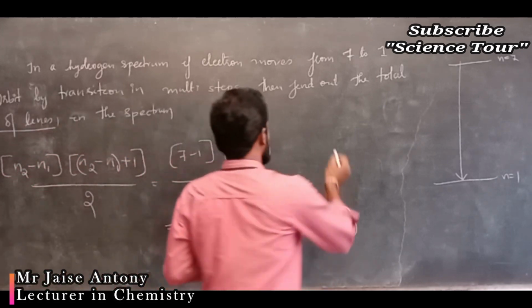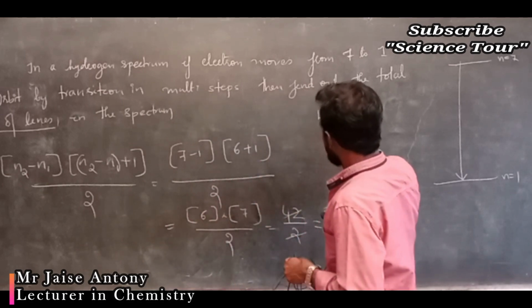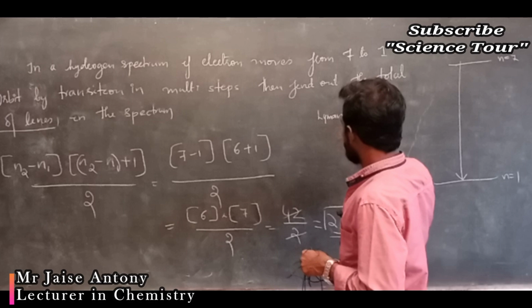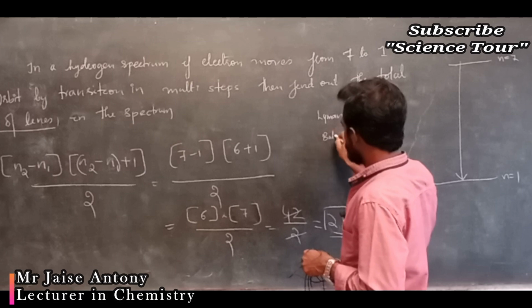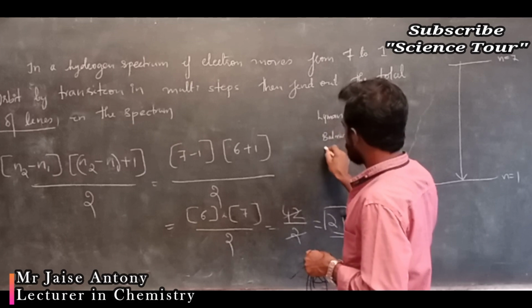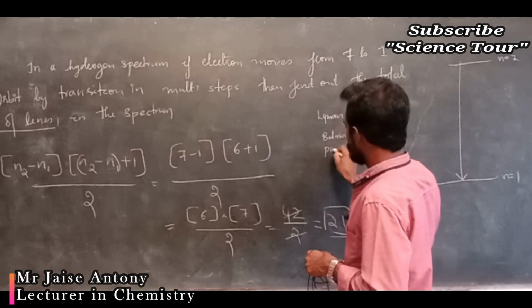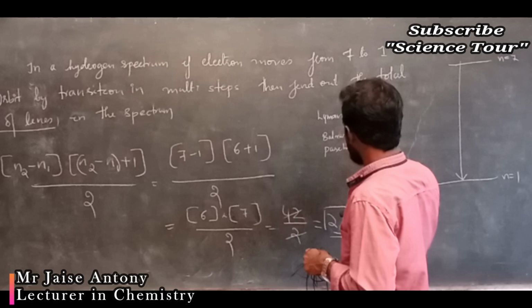For example, Lyman series is N2 to N1, N2 minus 1. Balmer series, N2 minus 2. Paschen series, N2 minus 3.